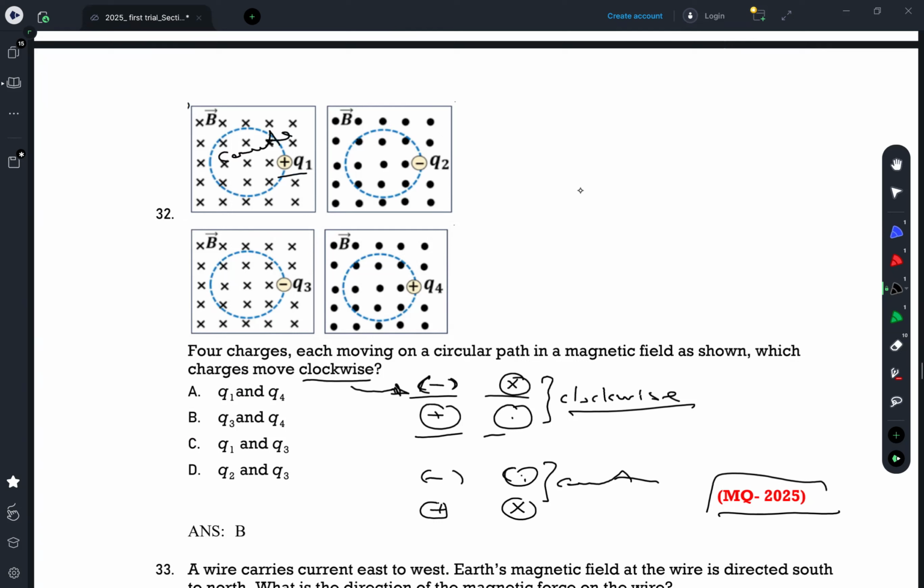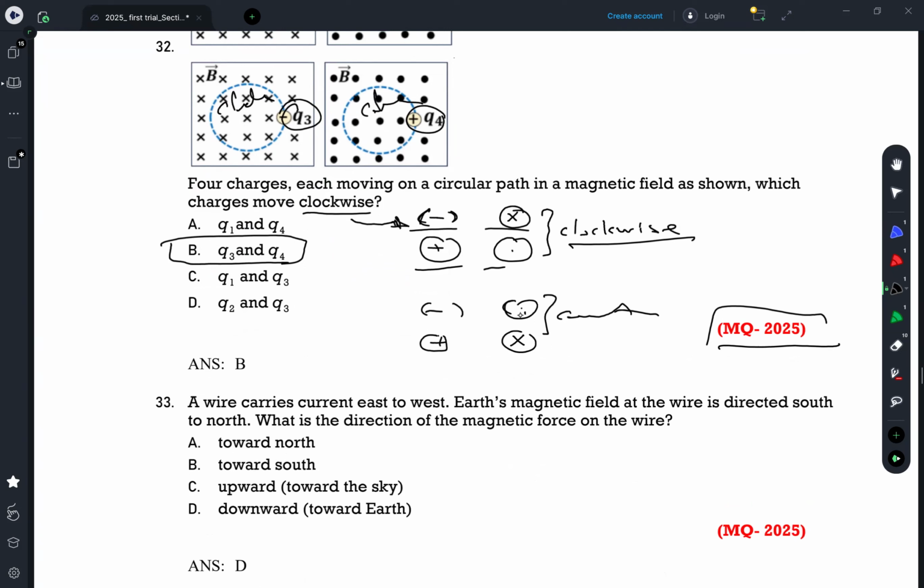Q2 is negative and dot, again counterclockwise. Q3 is negative and cross, yes, clockwise. Q4 is positive and dot, also clockwise. So both Q3 and Q4 follow a clockwise path.